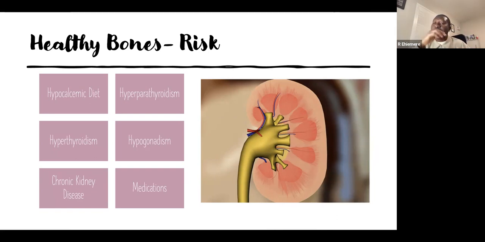The parathyroid gland plays a huge part. Now, if you have it hyperactive, so you have so much of it, it goes to those bones and breaks them down. And that compromises the health of your bone.